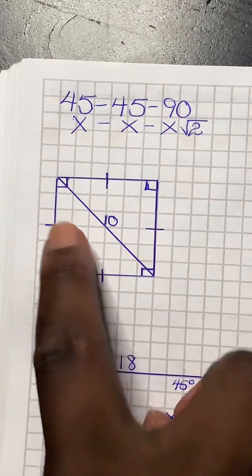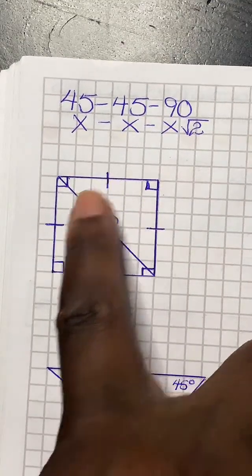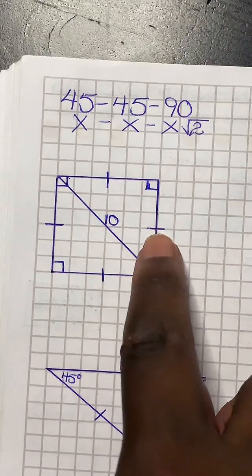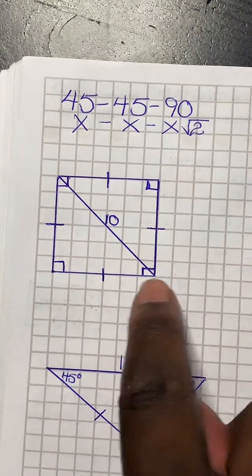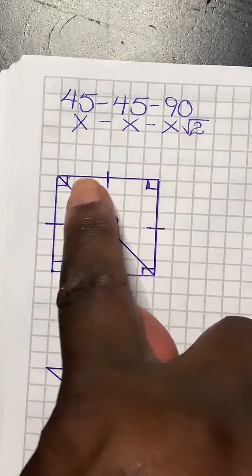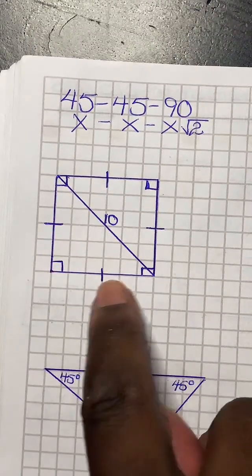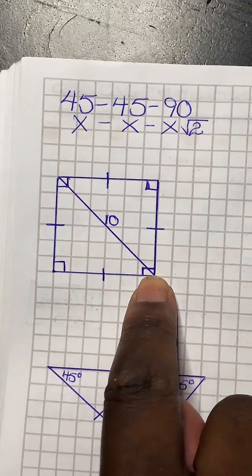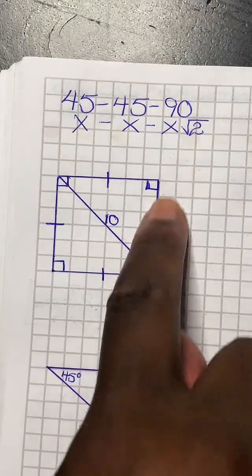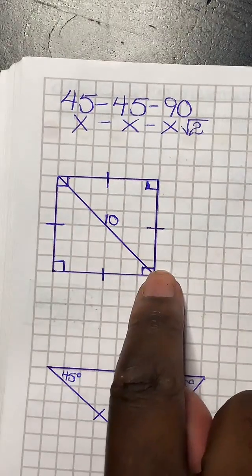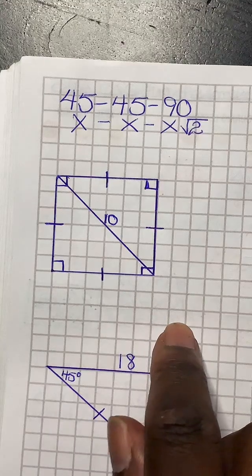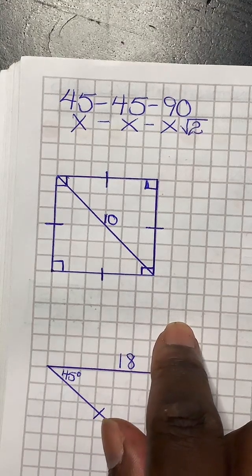These tick marks mean that these four sides are exactly the same. If all four sides are exactly the same, and those little boxes mean 90 degrees, so with four right angles, that means this whole thing is a square. And I know you're going to be like, Audrey, I have two eyes. I can see that it is a square.